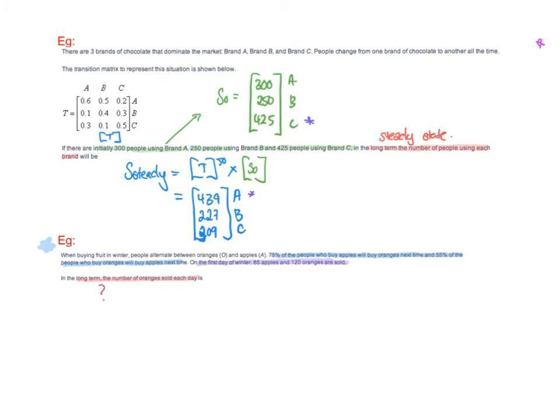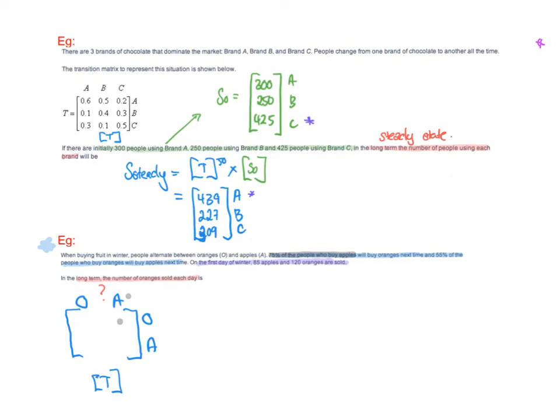All right, in the blue up there, they have set you up a way of setting up the transition. I'm going to call this the transition matrix, with oranges, apples, oranges, apples. Now, I have to be careful here. It says 75% of the people who buy apples will buy oranges next time.